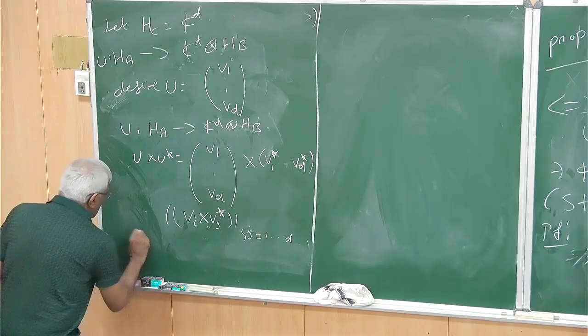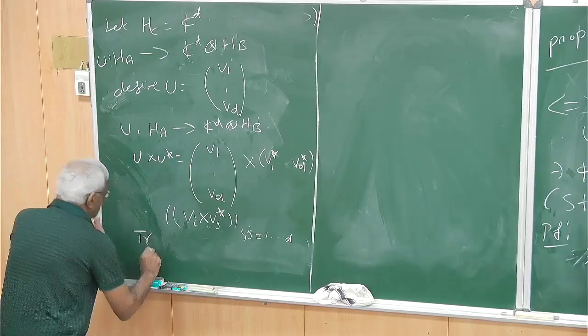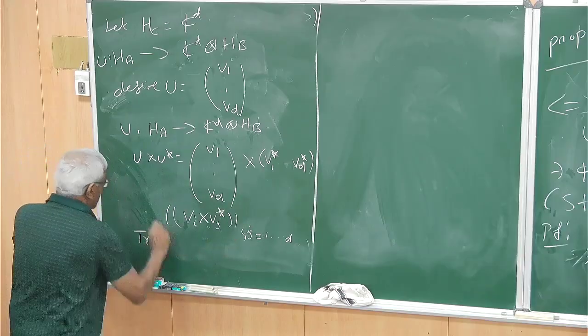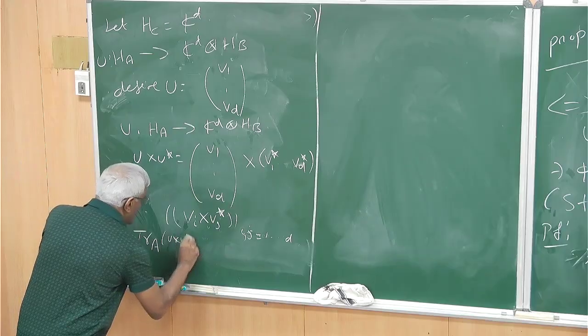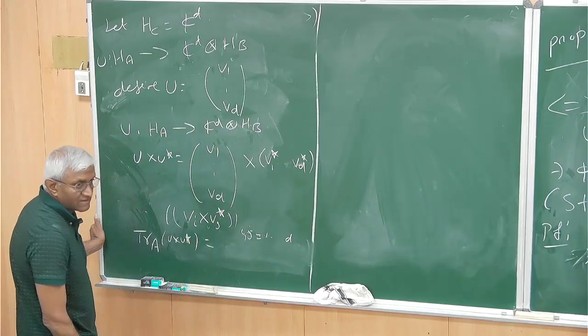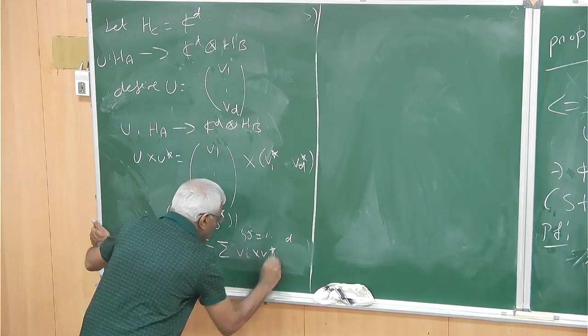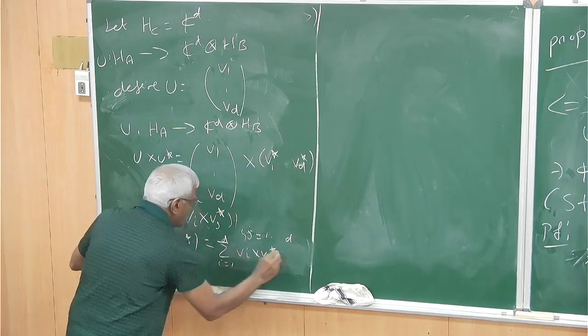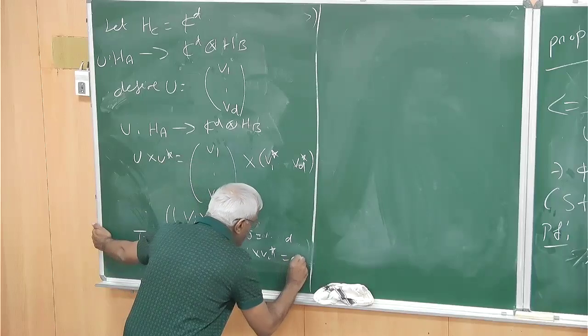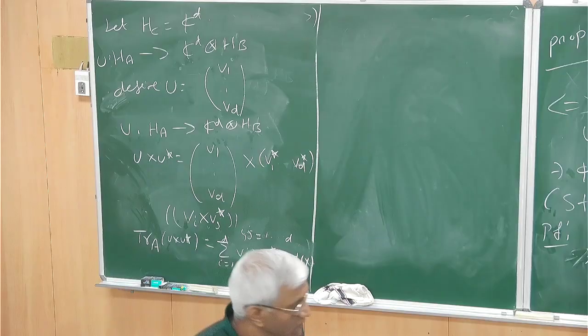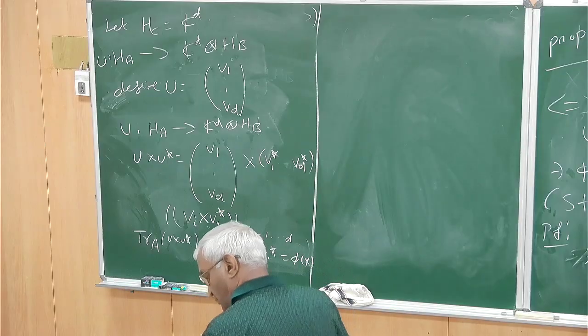Now, what is the partial trace of this? We want to take the trace over A of U X U star. It is just the sum of the diagonal entries, which is precisely the summation of V_i X V_i star, which is equal to phi of X. So we have proved it.